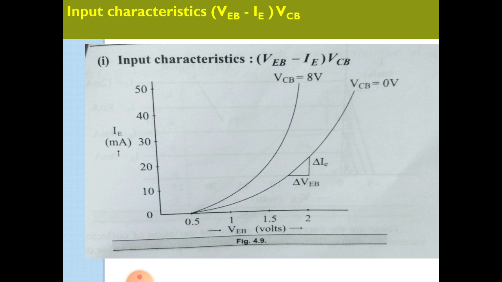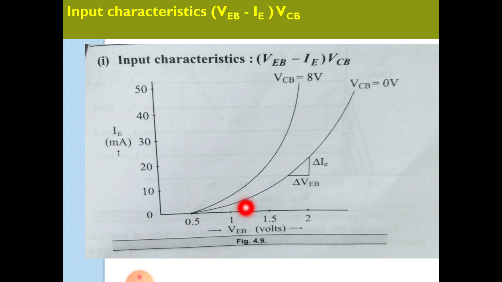First is input characteristics. This input characteristics depends on the input voltage, input current, and the output voltage. When the output voltage is kept constant, the graph between the input voltage and the input current is called the input characteristics curve in the CB mode.